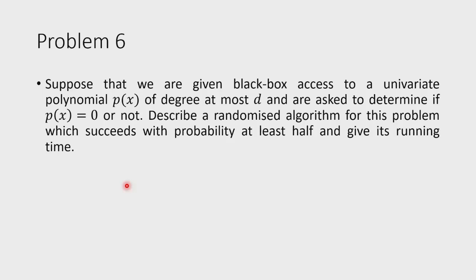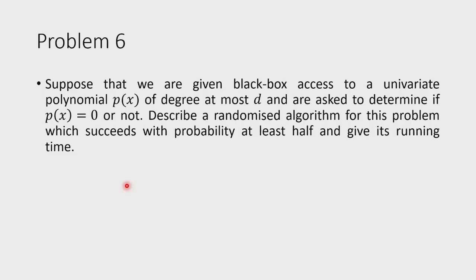So randomized algorithm we want, that means we randomly choose some value for x and give it to the black box, and if it returns 0, then you say the polynomial is 0. Otherwise, you say the polynomial is not identically 0. Right, so you have the outline correct. That's exactly what the algorithm is going to be.